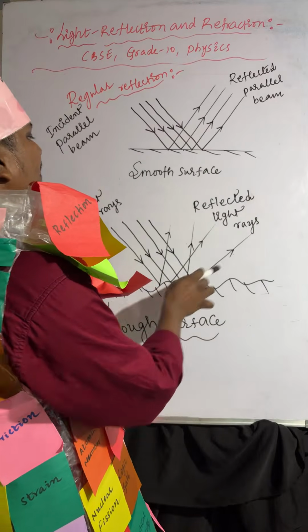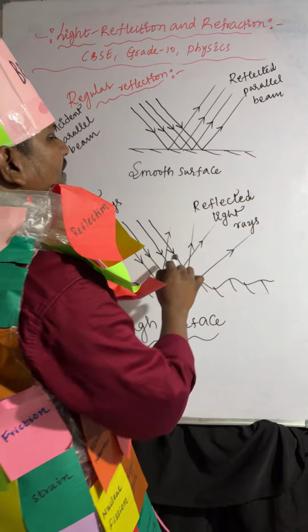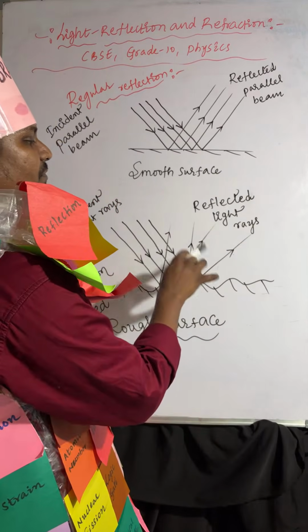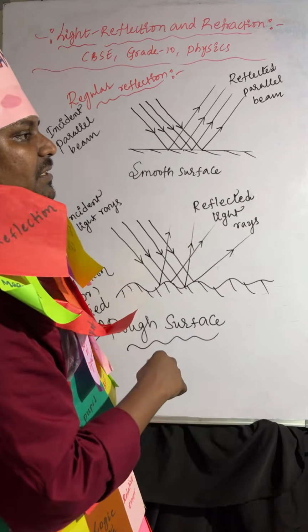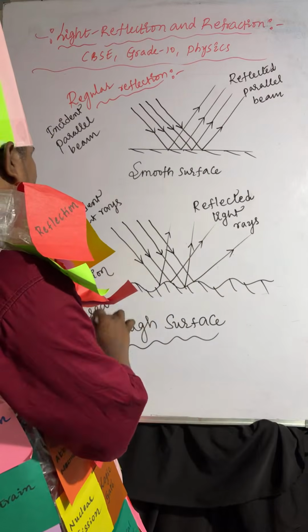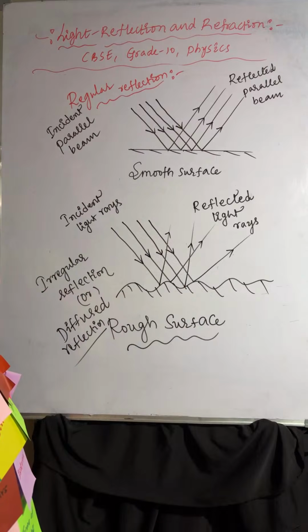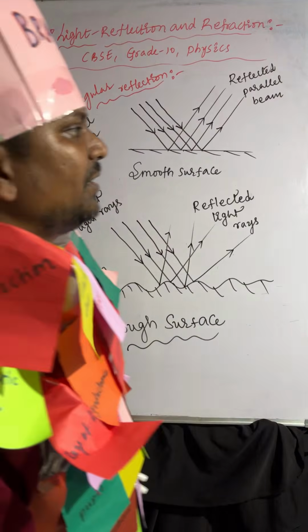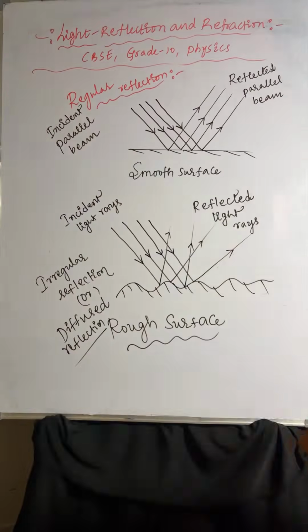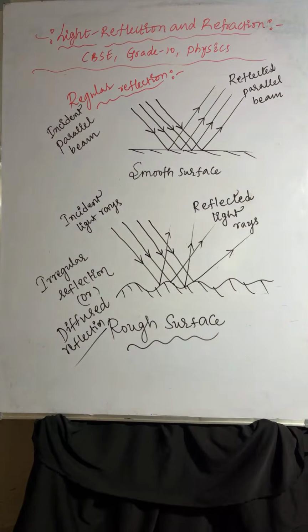Incident light rays are parallel, but reflected light rays are not parallel to each other. This type of reflection takes place on a rough surface, and it is called irregular reflection or diffused reflection. Regular reflection takes place on a smooth surface, whereas irregular reflection takes place on a rough surface. Right? So I hope it is very clear.